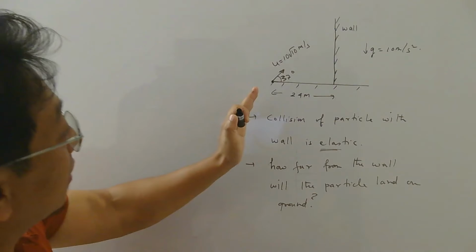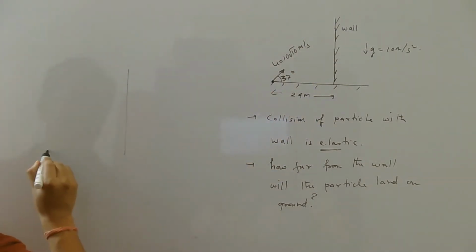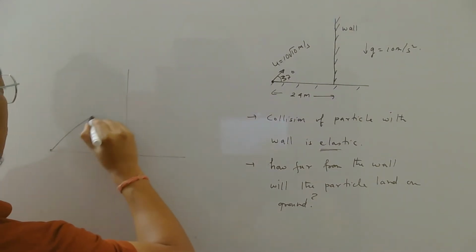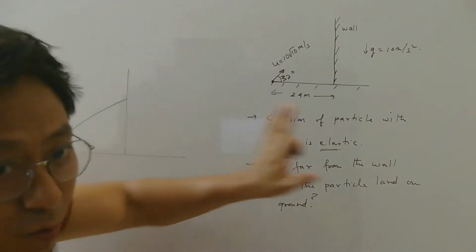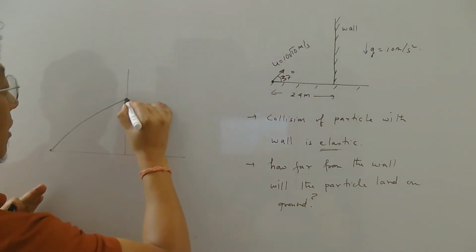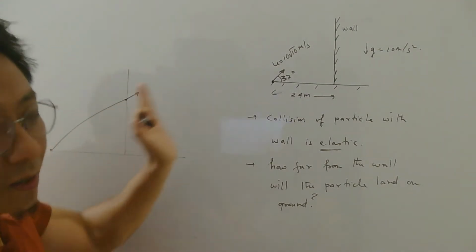So now when this particle goes and hits the wall, let's say the particle was hitting the wall while it is going up. That we don't know right now, we will see later. But let us assume the particle hits the wall while going up. So this is the picture just before hitting the wall.